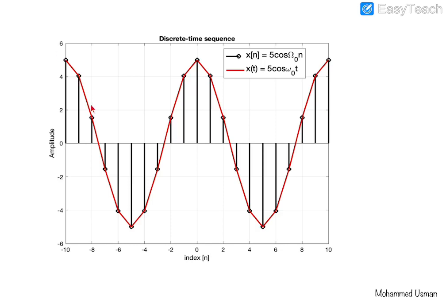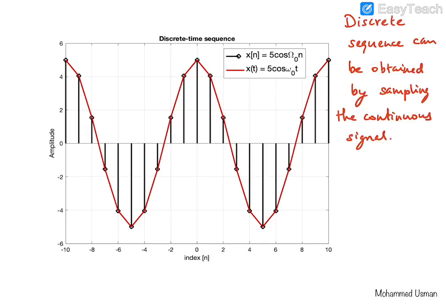I've just overlaid the continuous time signal onto the discrete time sequence to show that one way of getting the discrete signal is by taking samples of the continuous time signal. As I've said here, the discrete sequence can be obtained by sampling the continuous signal.